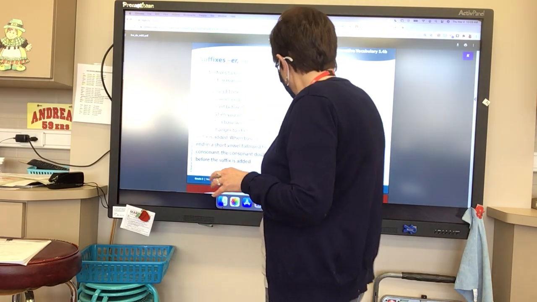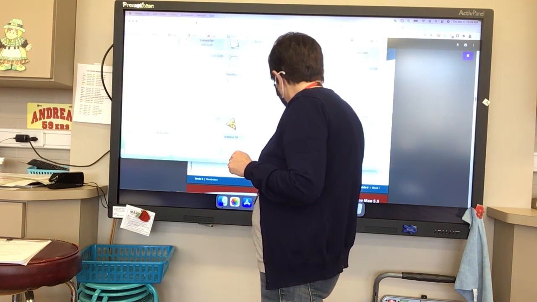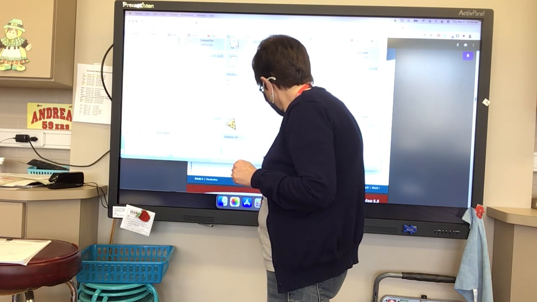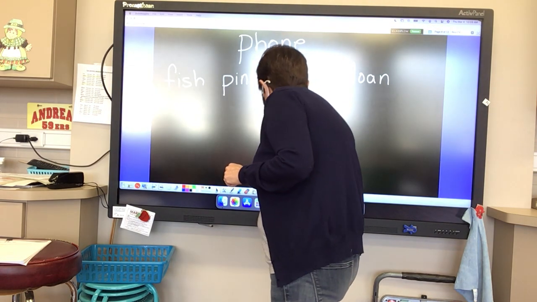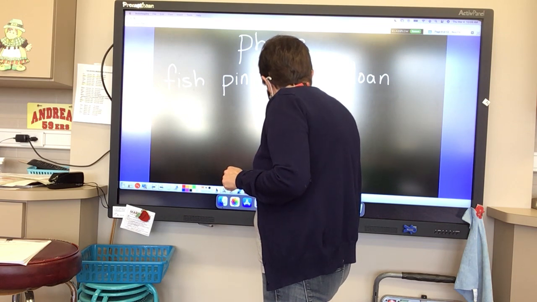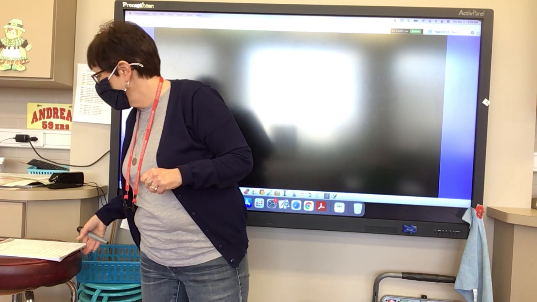So let's practice on our sheet, because we're going to practice together because we have to remember our rules. Because we have our spelling rules to remember. Okay. Who'd like to try number 1 on our page? It says a suffix is a word part added to the end of a base word that changes the meaning of the word.